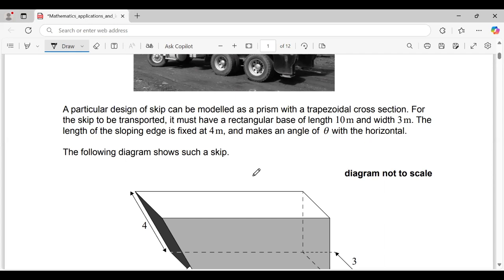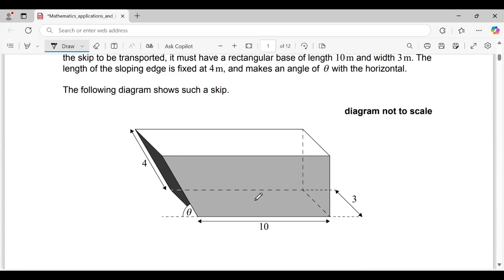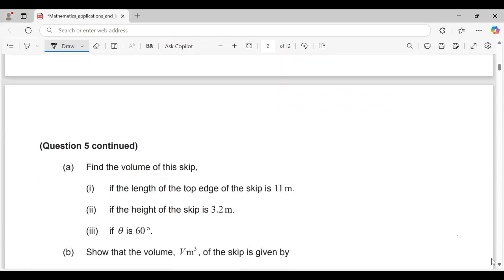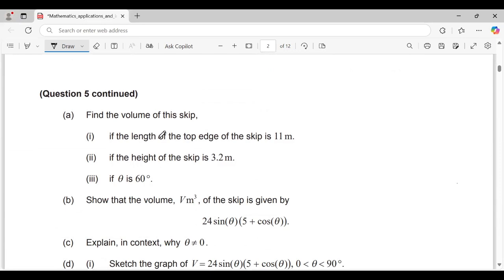The following diagram shows such a skip. Question: find the volume of the skip if the length of the top edge of the skip is 11 meters.